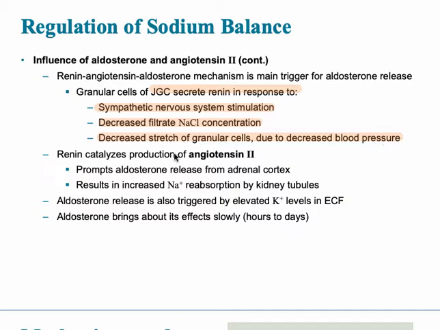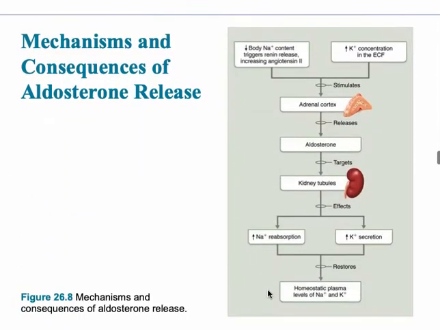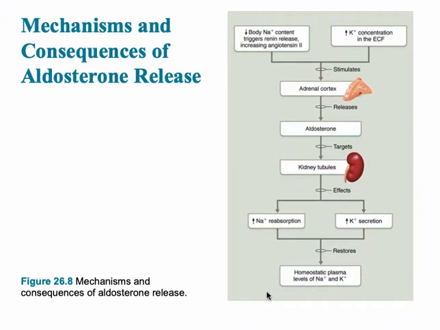So this is done to, of course, reabsorb more sodium to increase blood pressure. So the renin is responsible for the production of angiotensin 2. Angiotensin 2 is a vasoconstrictor, and that prompts the aldosterone to be released from the adrenal cortex, which is what we see on this diagram on our next slide here.